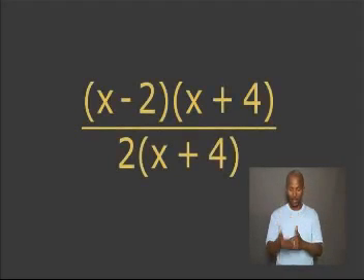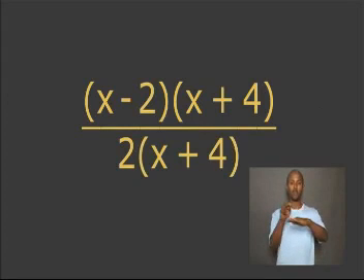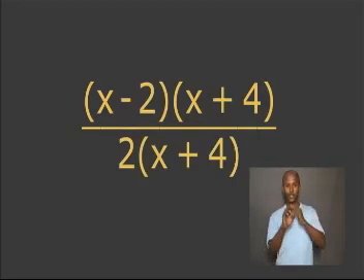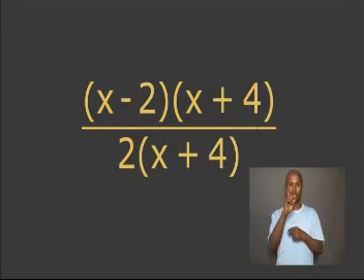Next, we factorize both the numerator and denominator completely. The expression becomes x minus 2 times x plus 4 over 2 times x plus 4. Now we can cancel like terms.